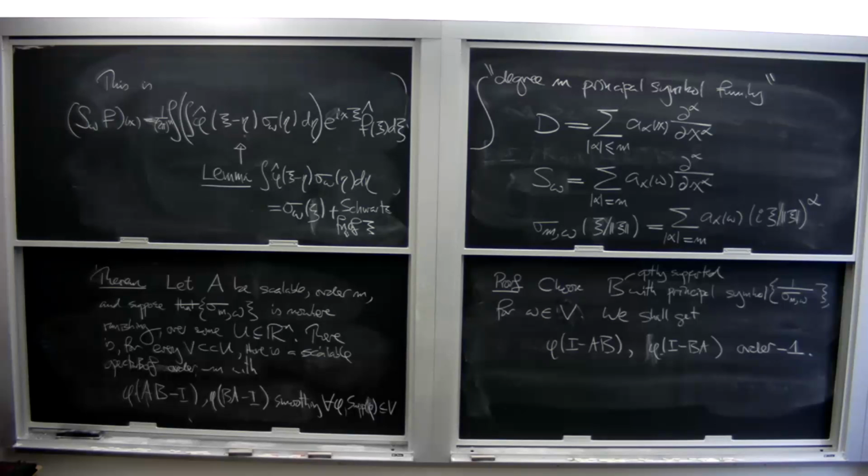This is identity minus AB inverse, which is identity plus identity minus AB plus identity minus AB squared, plus and so on.